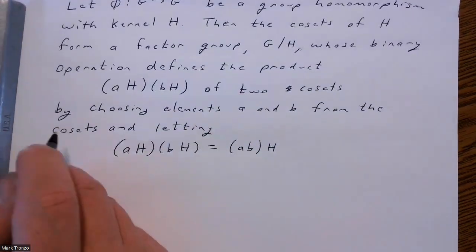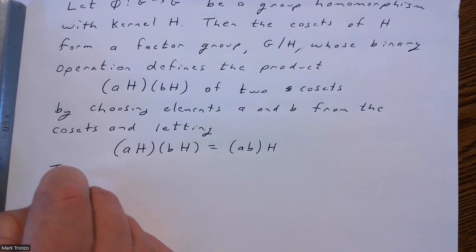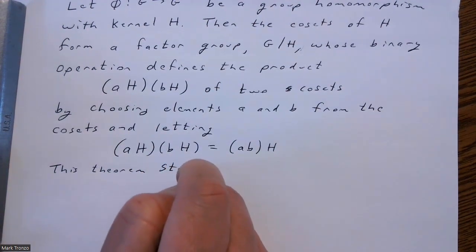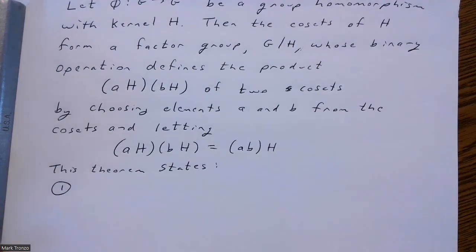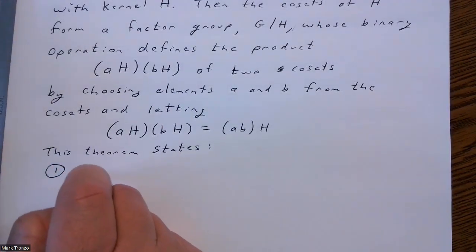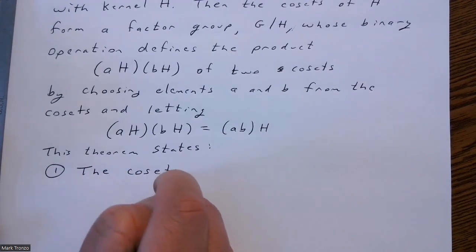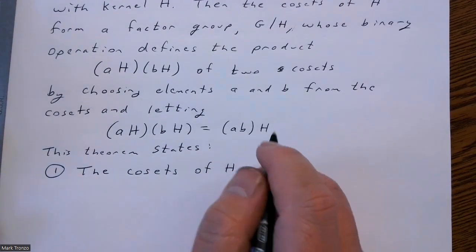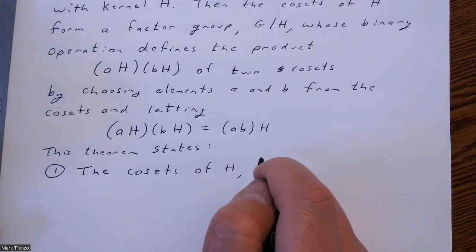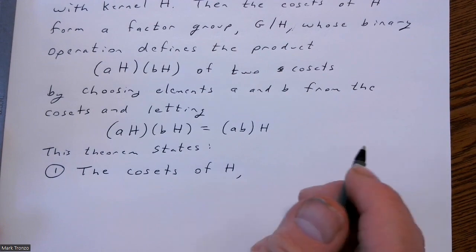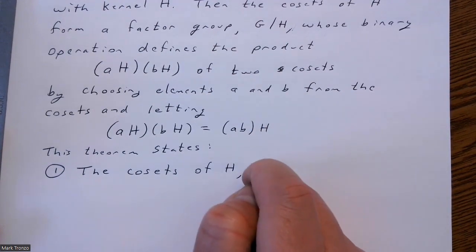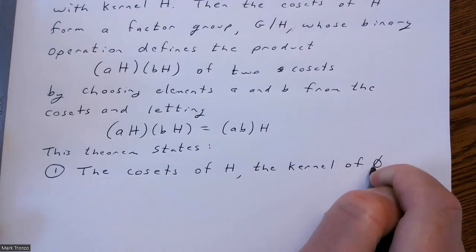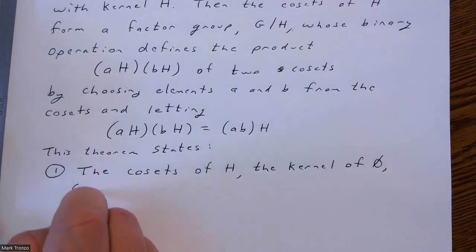And let me just say some things. So this theorem states one, the cosets of H, which in this case is the kernel of phi, form a factor group.